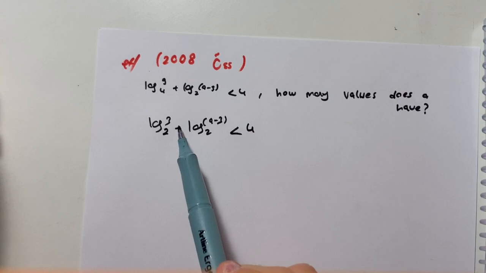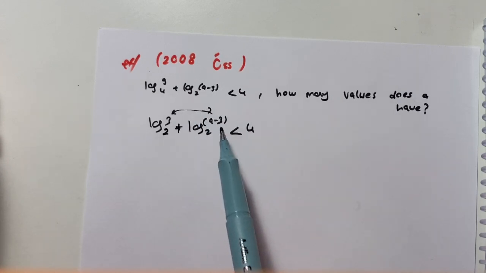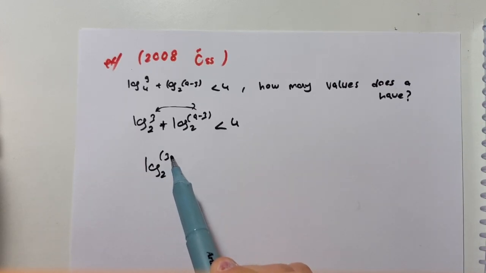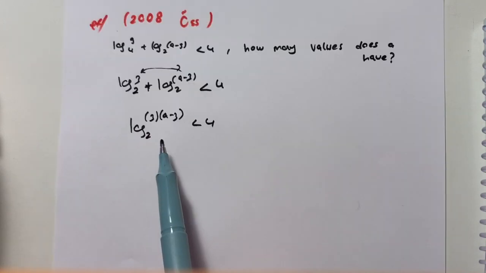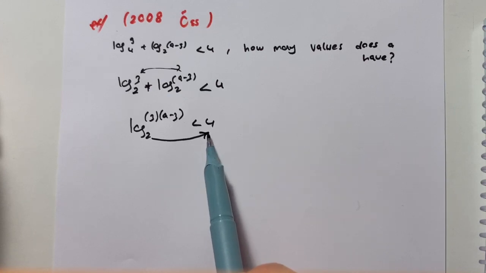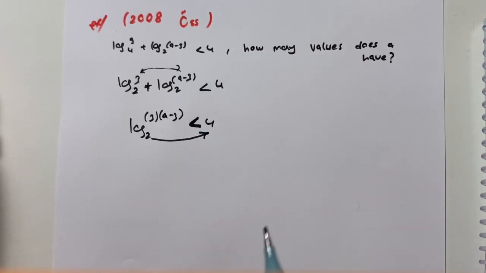And since this is in a multiplied form, you can write them into a product form like this. And now we have an inequality, and this is greater than 1, so you just take this here as a base without converting the sign in the opposite direction.